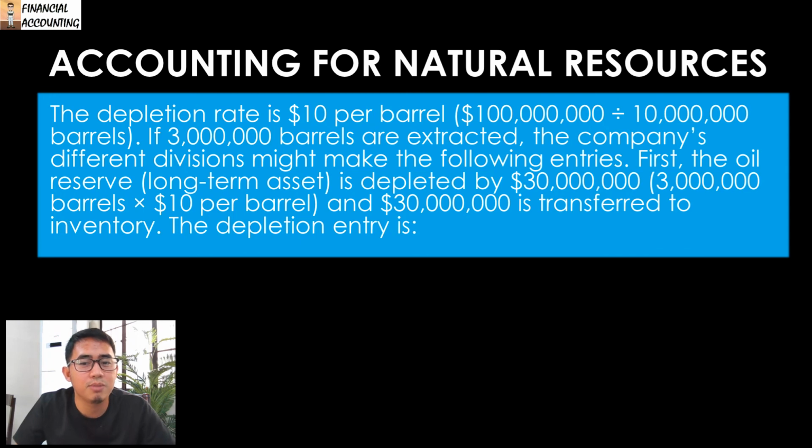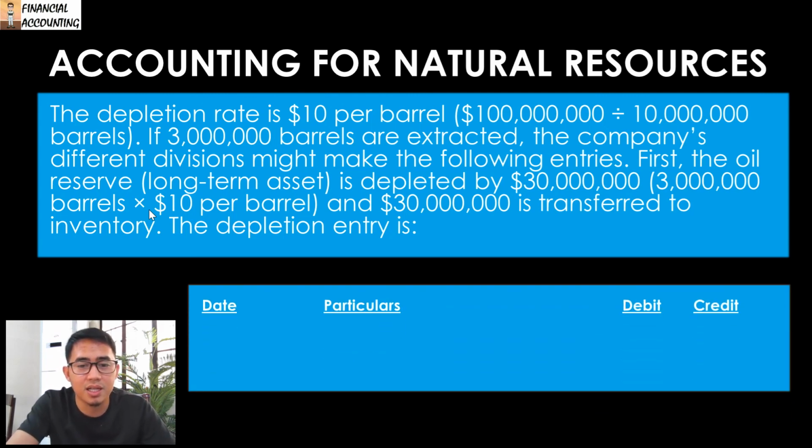So it should be depleted by $30 million. So how do we compute that? That's the 3 million barrels times the depletion rate of $10 per barrel. Okay? So $30 million is now transferred to inventory.